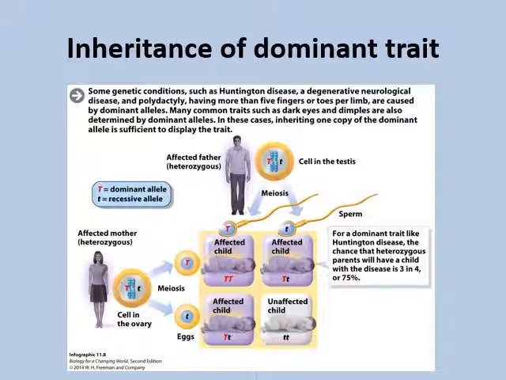So now we do the same thing, right? Big T, big T, big T. We've got a homozygous dominant, big T, and a heterozygote, little t. Sorry, this should actually be little t's.